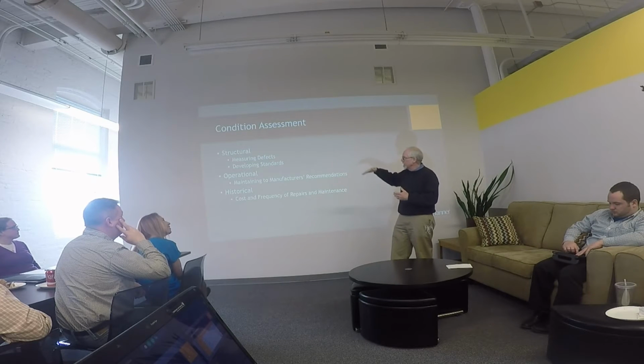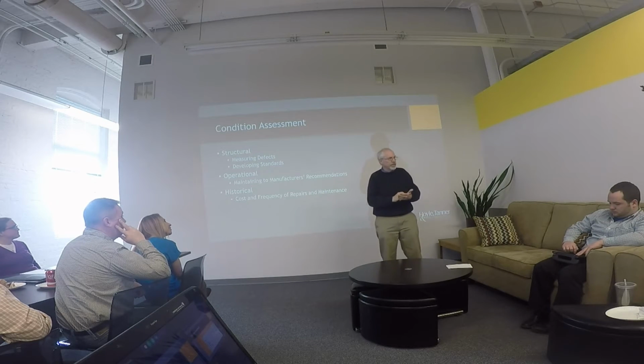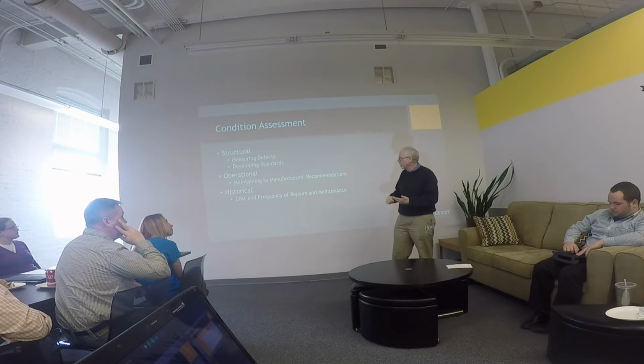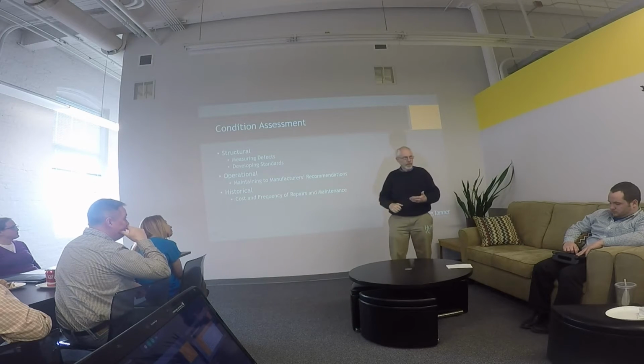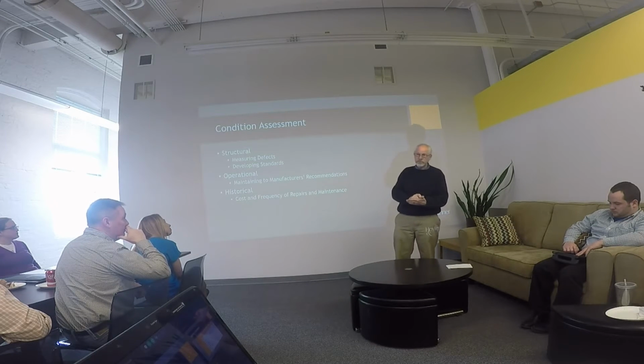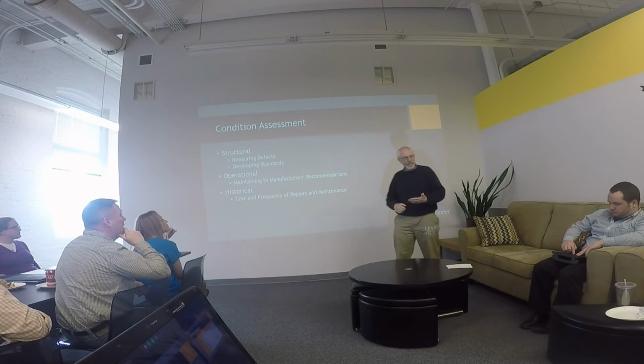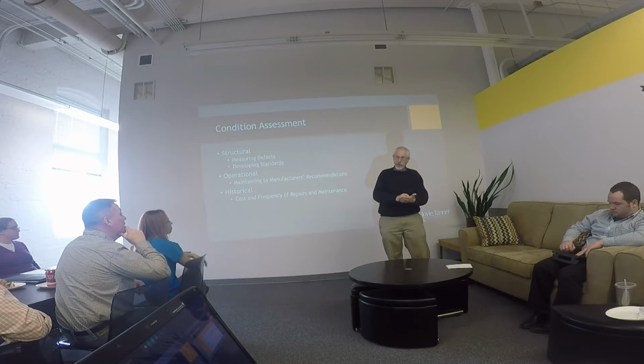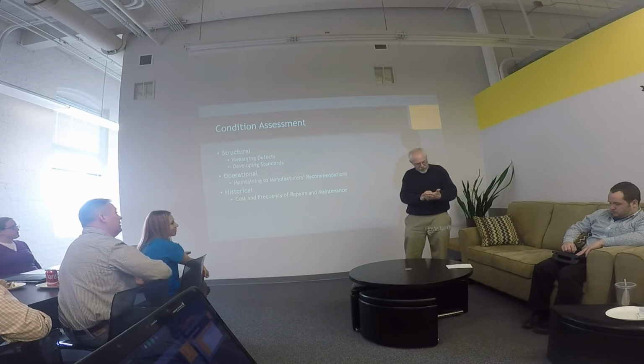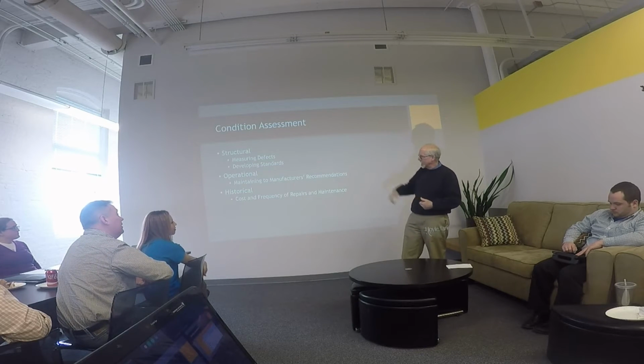Those are the physical defects, and he has standards for what's acceptable. And then operational: well, Johnny, have you been going to the gym? Oh yeah. Have you been going 3 times a week? Well, not... okay. So he writes that down, and then he asks, what have you been eating? Oh, pizza? Okay, how much coffee have you had? And then he looks at the historic.